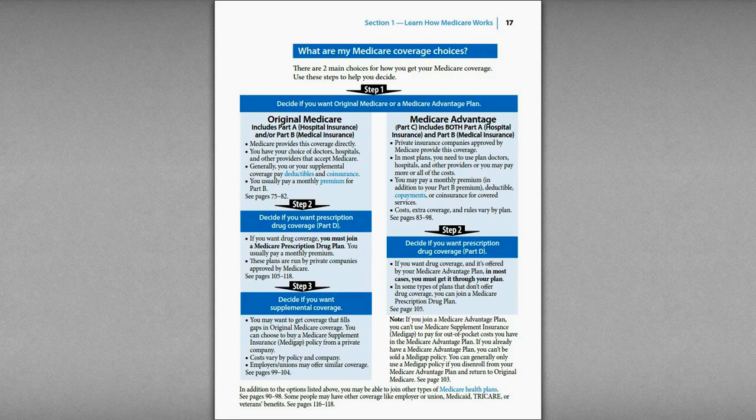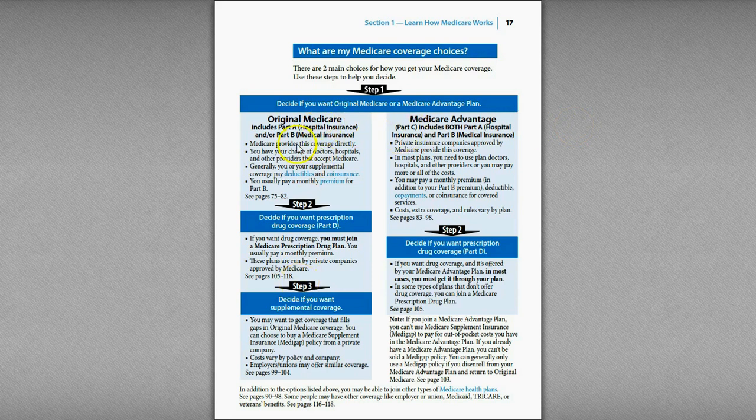Now, you probably are aware that over time the networks have not gotten any bigger, they've gotten what? Yeah, they've gotten smaller. So as the networks start to shrink, it does make it more difficult for clients to be able to go to the types of doctors and hospitals and facilities that they want to go to. And that's the number one complaint I get from clients who have signed up for an Advantage plan. They want freedom of choice.